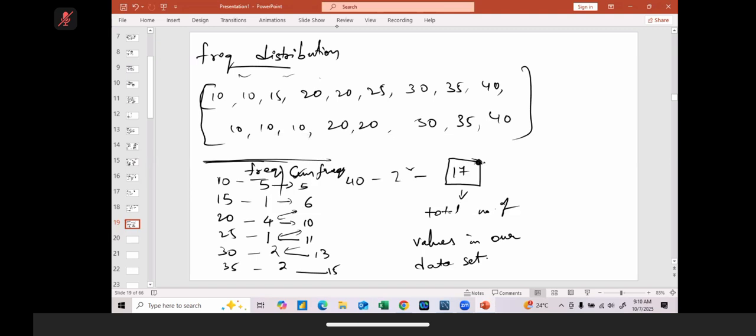Frequency and cumulative frequency. Yes. There is one more thing, relative frequency. What is that? Anyone? What is relative frequency?